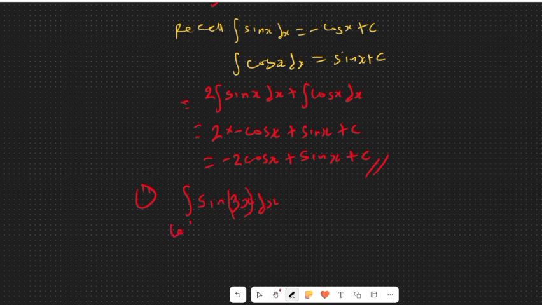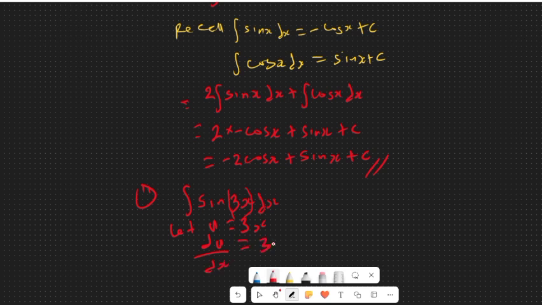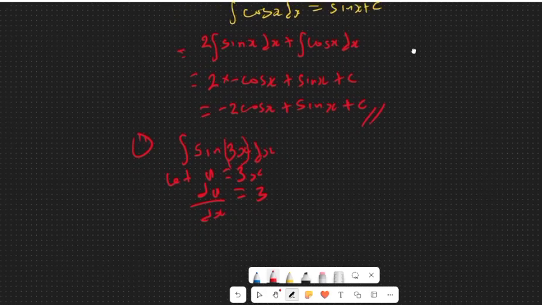So now let's go. Let u be equal to 3x. Differentiate u with respect to x, that will give you du over dx equals 3.